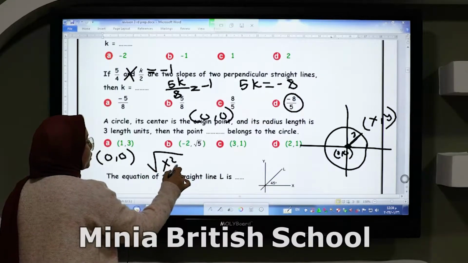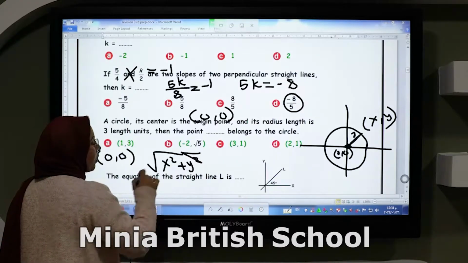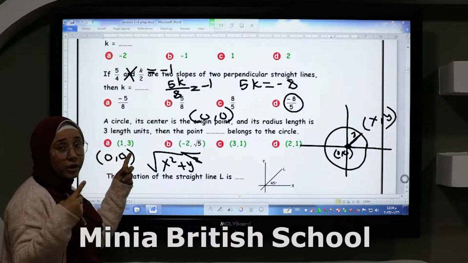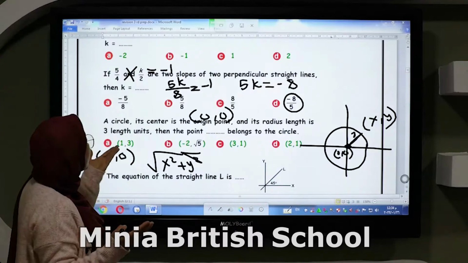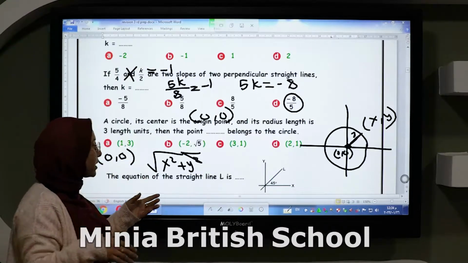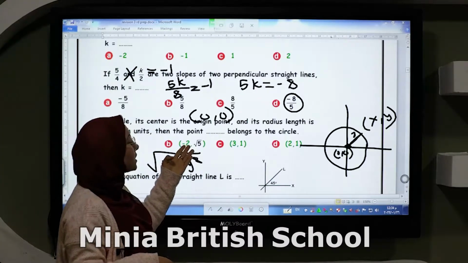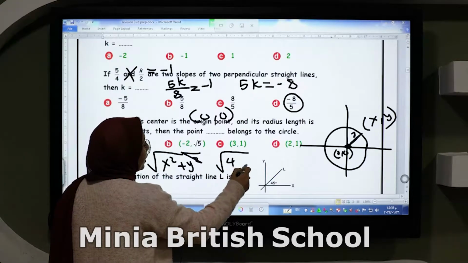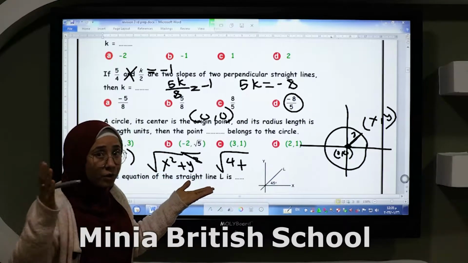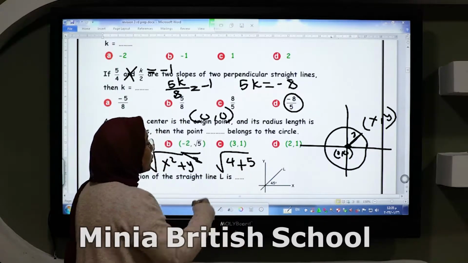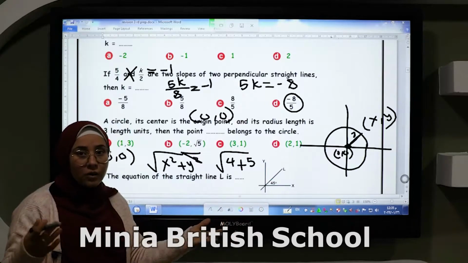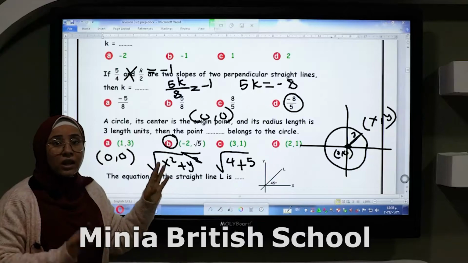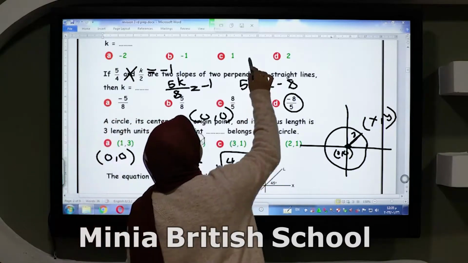Here, x power 2 plus y power 2, okay? So 1 power 2 equals 1 plus 3 power 2 equals 9. So the answer √10, it's false. But here, if you use this point, (-2) squared equals 4 plus (√5) power 2 equals 5. So √(4 plus 5) equals √9 equals 3. So this point satisfies and makes the radius of this circle equal 3, okay?